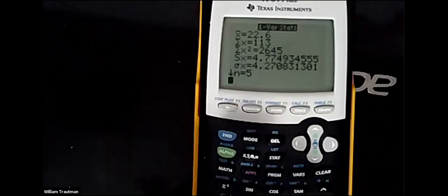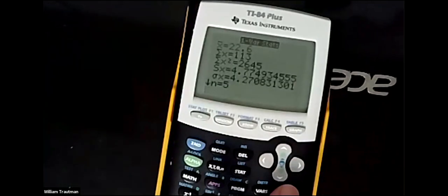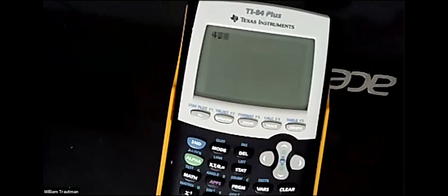Let's see if I can remember that. And then I'm going to square it. Hit square, and that's what I get.